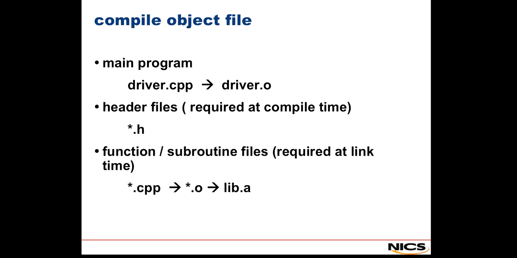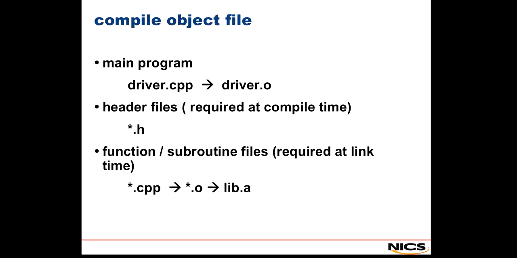So after you edit a bunch of source code files, you will try to compile them to object files. Following the previous step, usually your main program, for example, if I name it driver.cpp, will be compiled to a driver.o file. During the compilation, the compiler will help you check the header files.